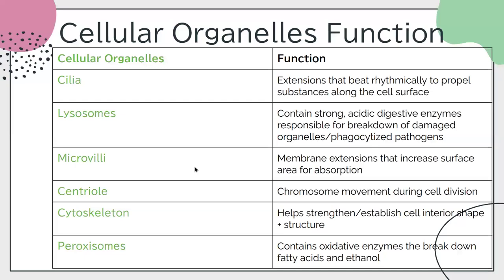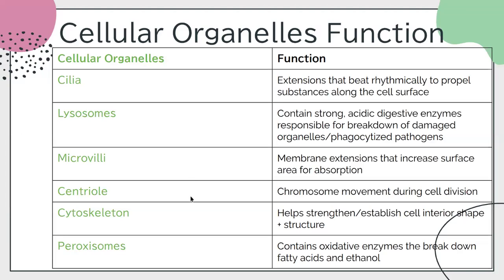Microvilli are those extensions. They basically increase surface area for absorption. So the higher your surface area, the better you can absorb. So you want to have lots of ridges and lots of folds within your cell or your cells or other bodily structures.